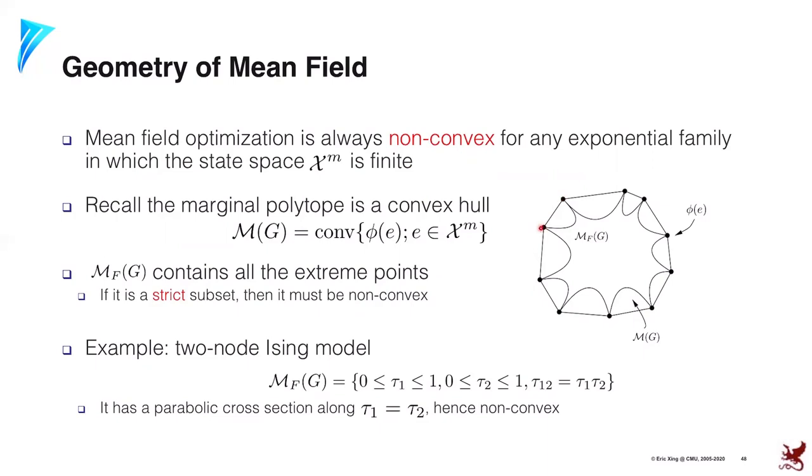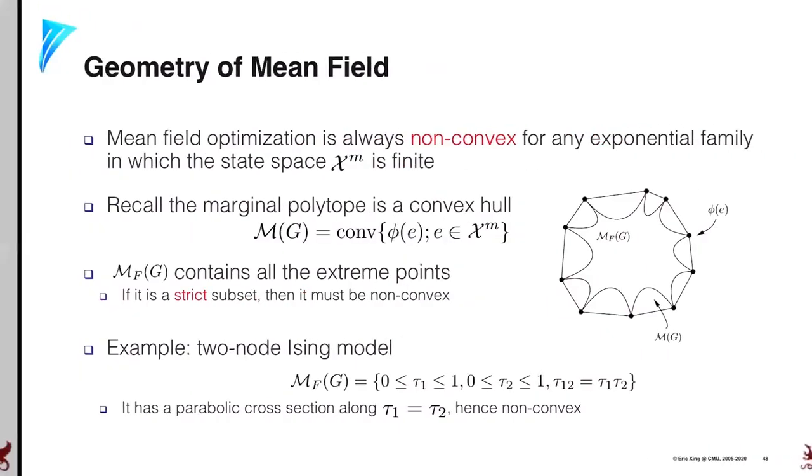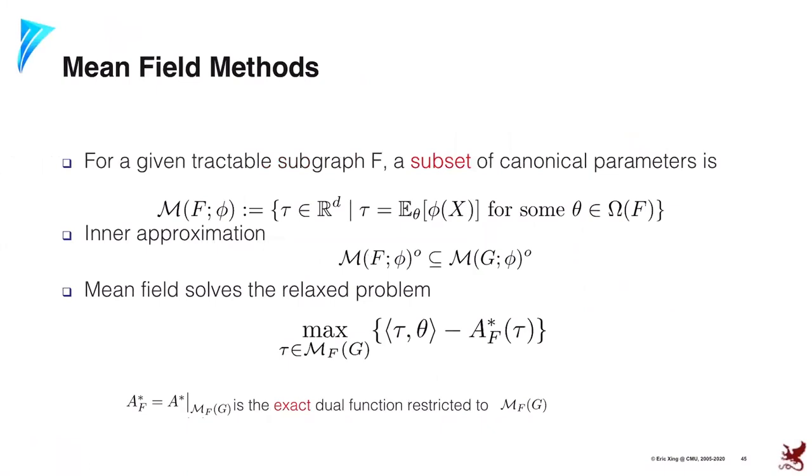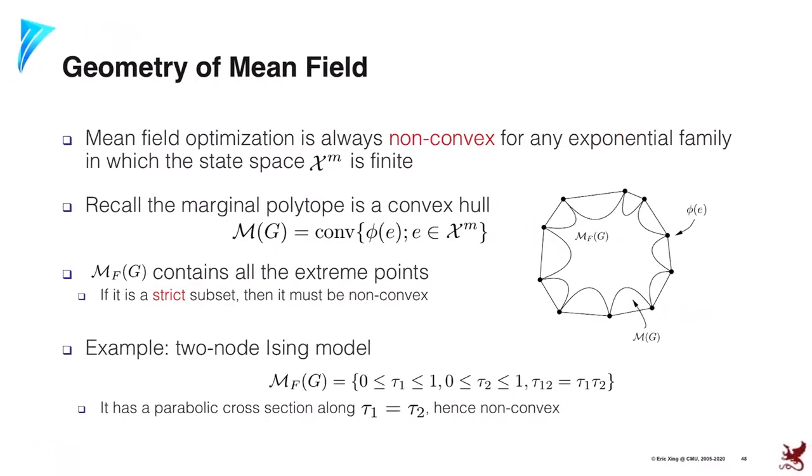These are all the extreme cases we should contain in M_F. And it is also inside this convex hull. This implies that this M_F must always be non-convex as long as it satisfies these strict subset conditions. That's actually the mean field approximation.